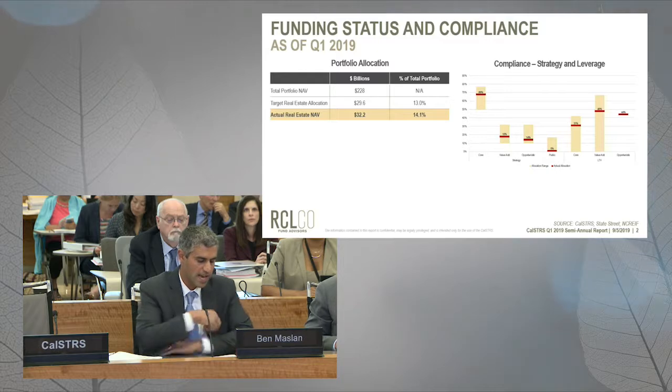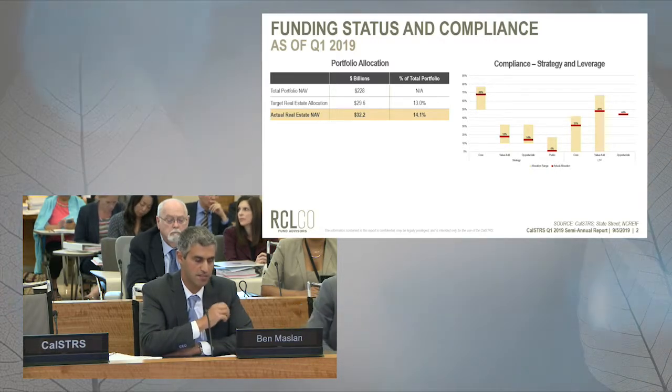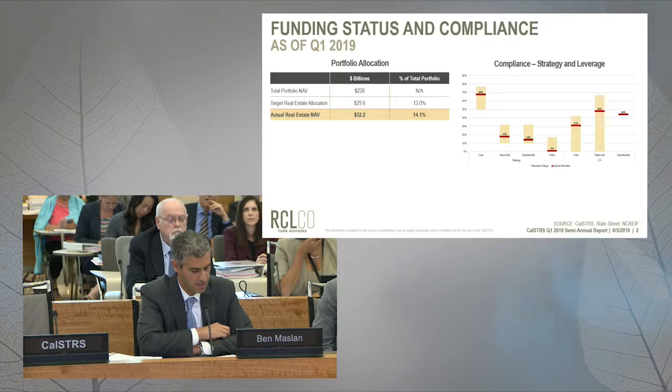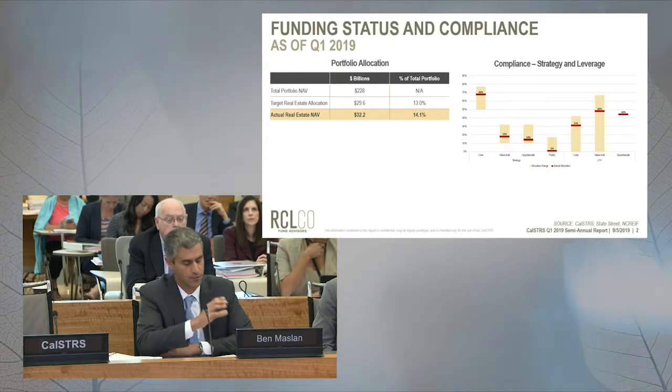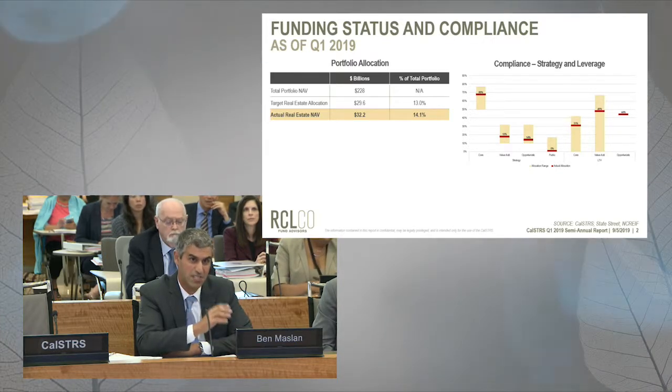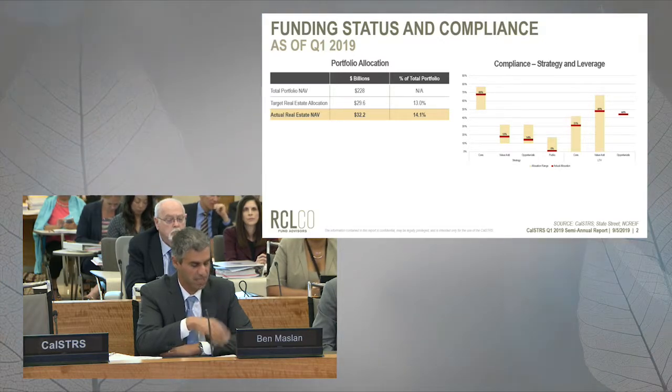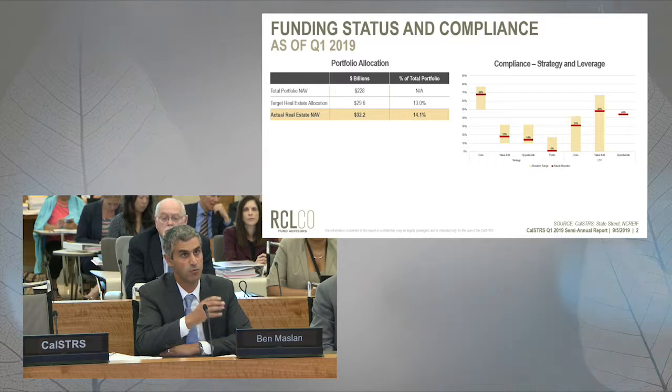So looking at the funding status and compliance of the portfolio, the allocation to real estate as of March was 14.1%. This is a little bit higher than the target of 13%. It's down slightly from the end of year, which was 14.2%, but up significantly from a year ago at about 12.7%.